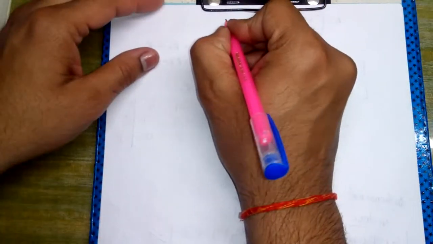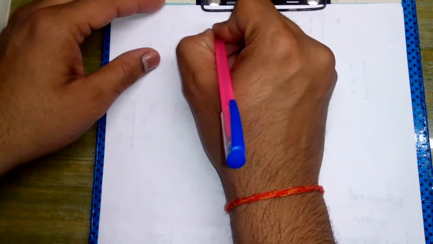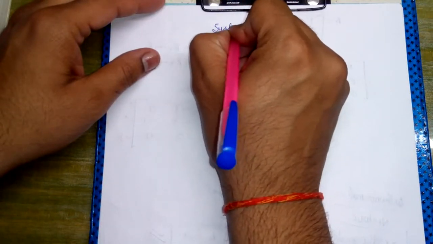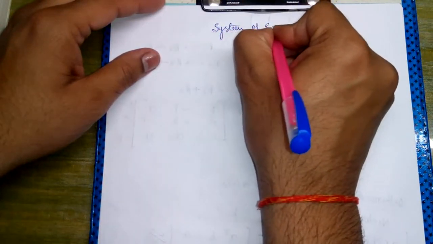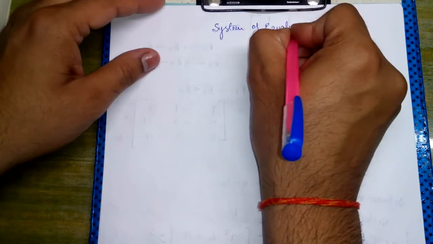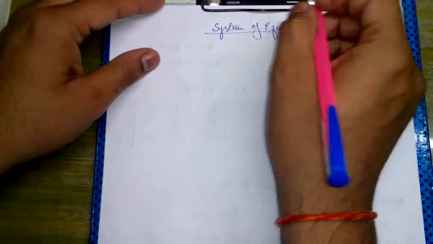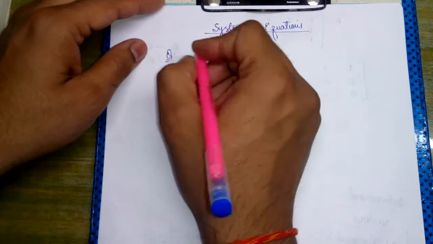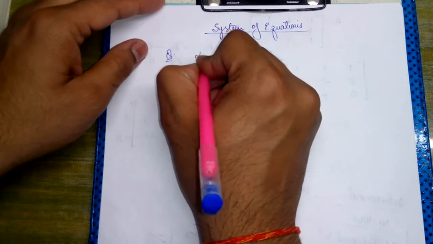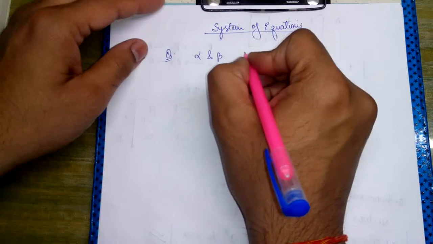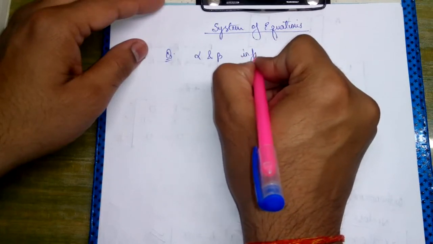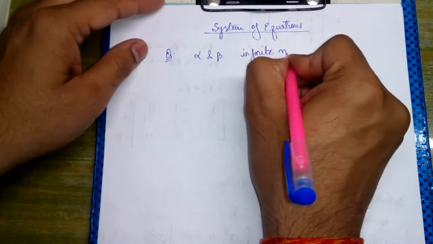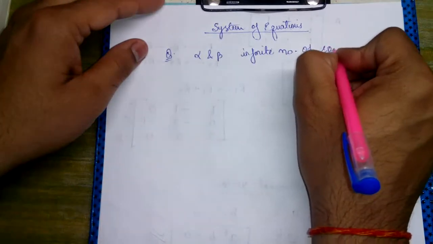Now we will start with the portion of system of equations. Okay, and in the system of equations, the first question that we will solve is: for what values of alpha and beta will the system have an infinite number of solutions?